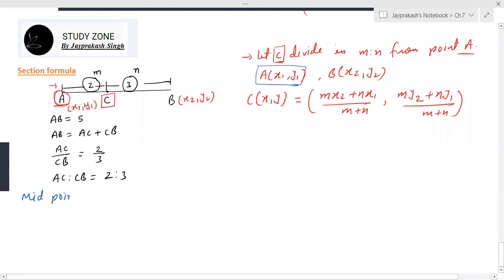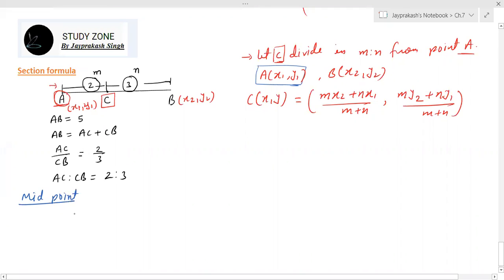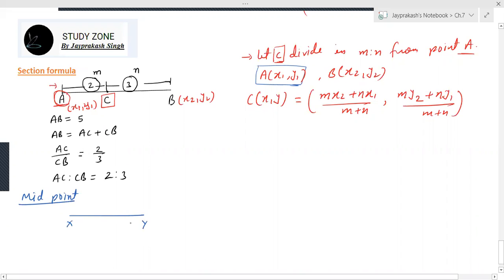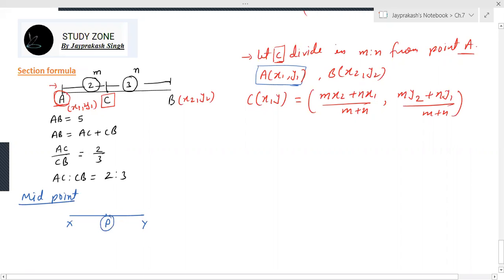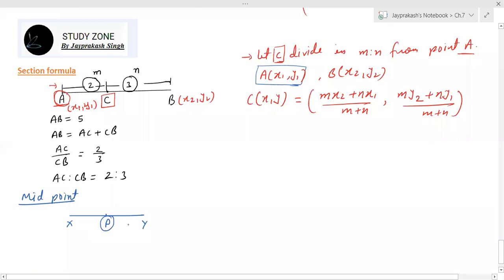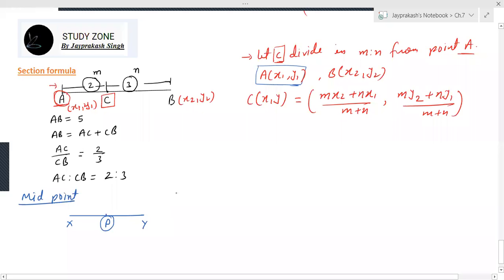Midpoint. So suppose we have given a line XY and in between there is a point P. Now if point P is a midpoint, that means it is in between X and Y. So what is the ratio?